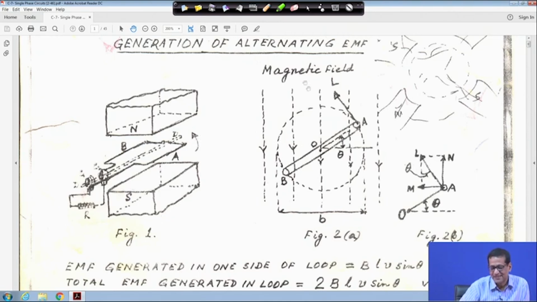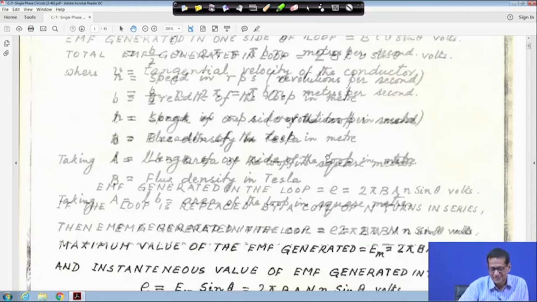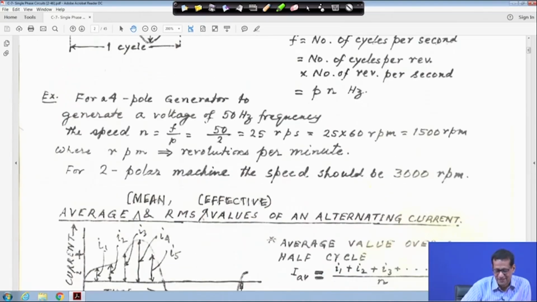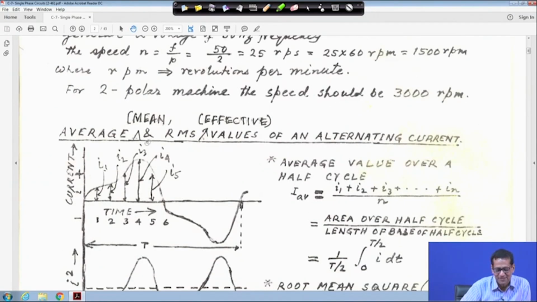The upper side is N and this side is S, and the flux moves from N to S. This way the sinusoidal EMF is generated. Instead of taking E is equal to Em sin omega t, I have taken this just for your understanding. Now we will come to the mean value, that is the average value.